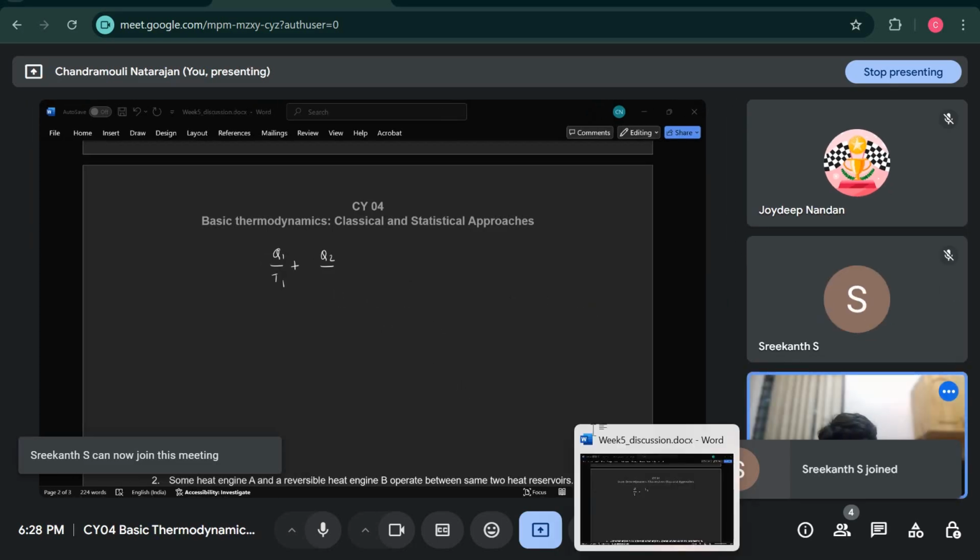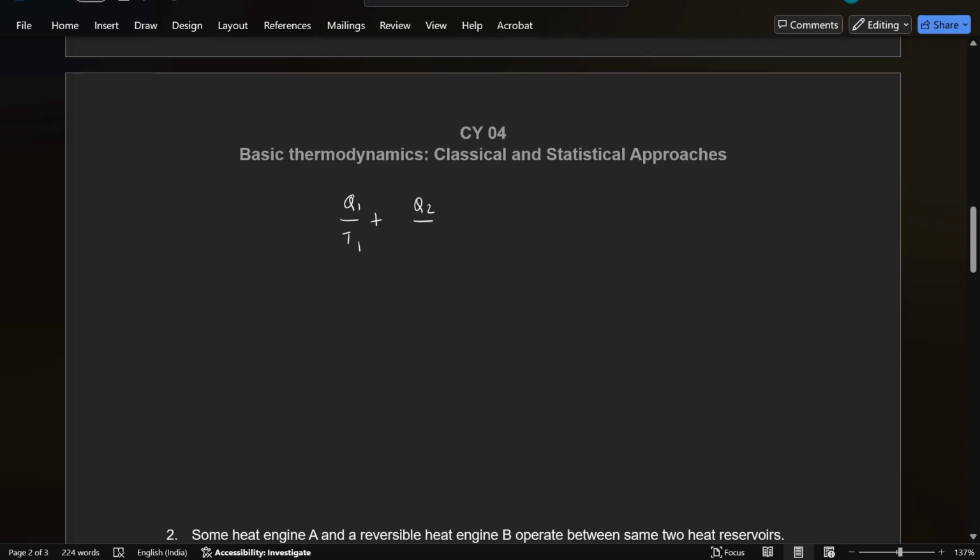So then we have Q2 plus Q3. We have three reservoirs. So all these are going to be equal to 0. All right. So this much you understand. So now what is Q1? 5 megajoules, right? And temperature T1 is 400.